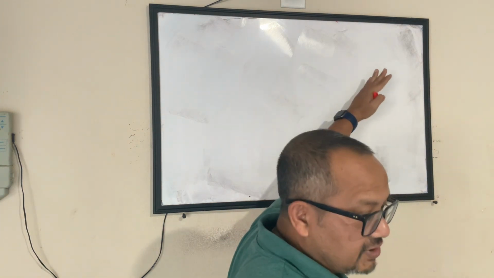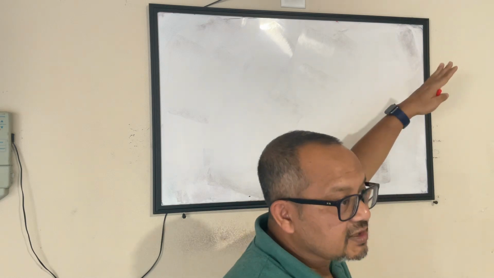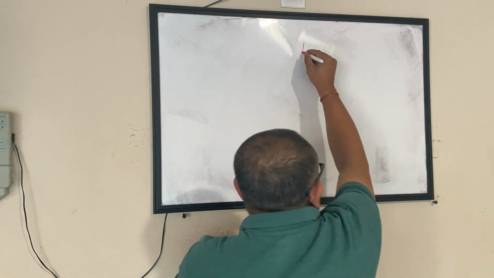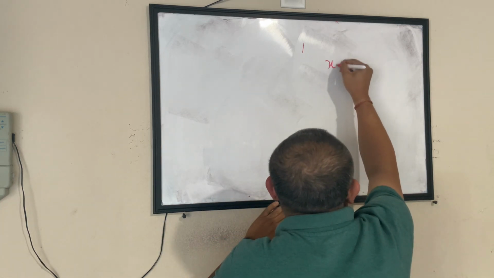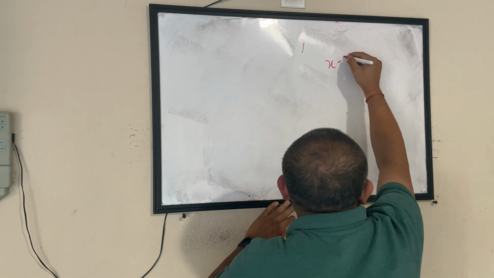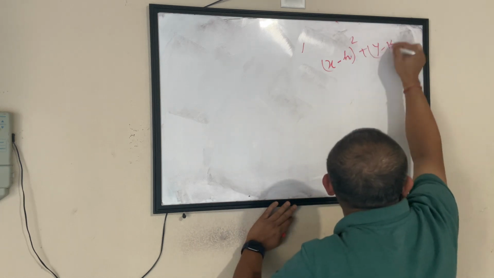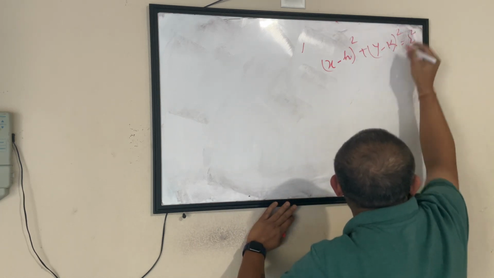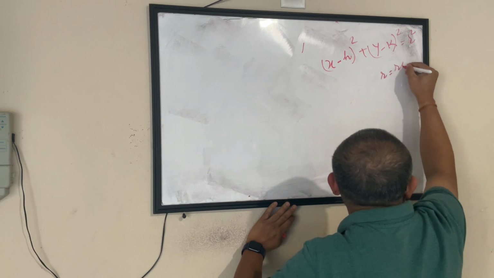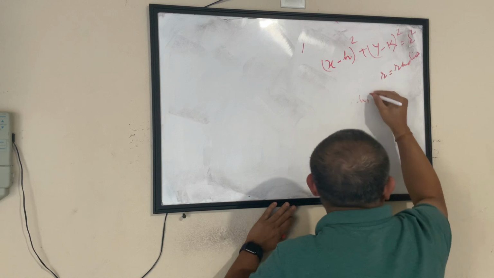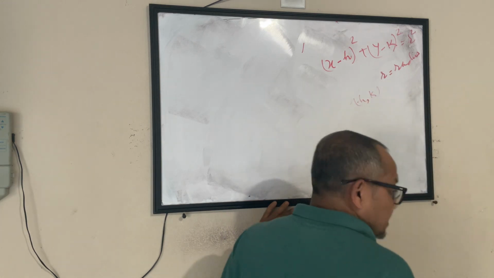That is something that we have already done. If you have to represent a circle in the xy plane, this is how you will do it. We just learned this formula: x minus h square plus y minus k square equals r square, where r is the radius and h comma k is the coordinate of the center.